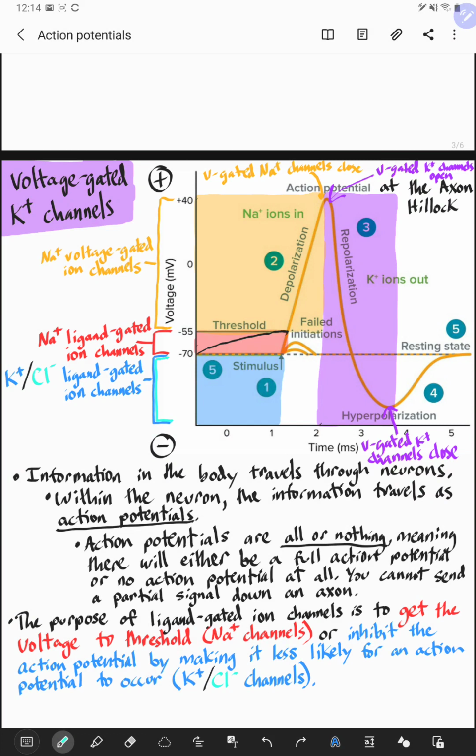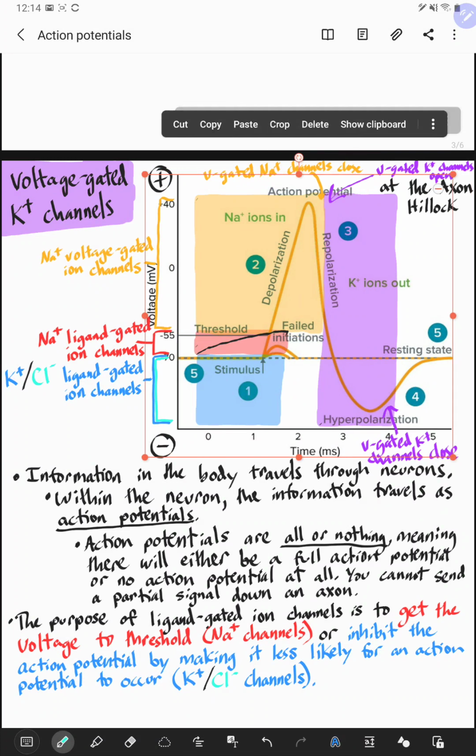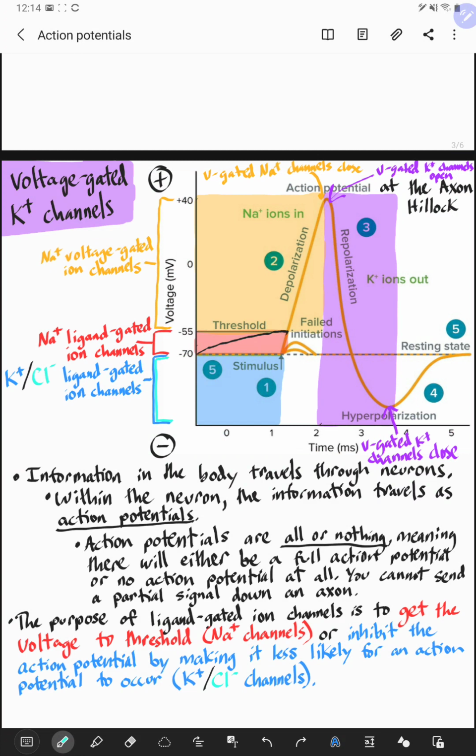But chlorine is negatively charged, and since it's negatively charged, it's going to make the cell more negative. So it makes the voltage more negative. It was at negative 70, it's going to be maybe negative 80, maybe negative 90. And so chlorine makes the cell more negative.